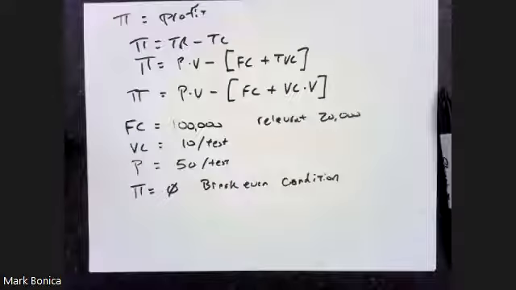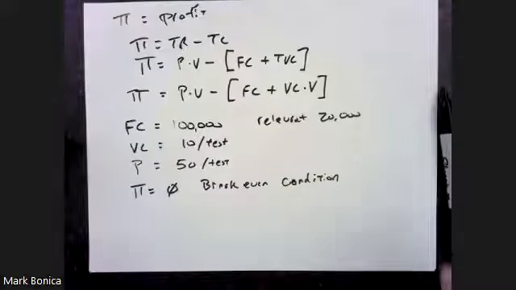Okay, so now we really have all the information we need. If we're going to calculate the break-even volume, we know that profit has to equal 0. So we're going to look at this line here, because this is the most broken down. We know that P is 50.